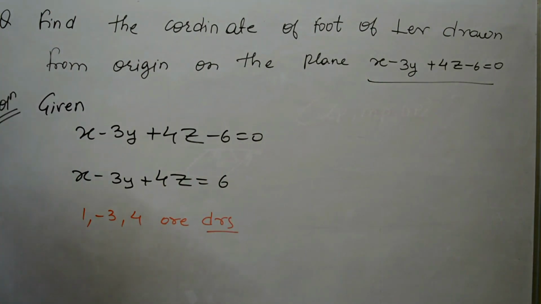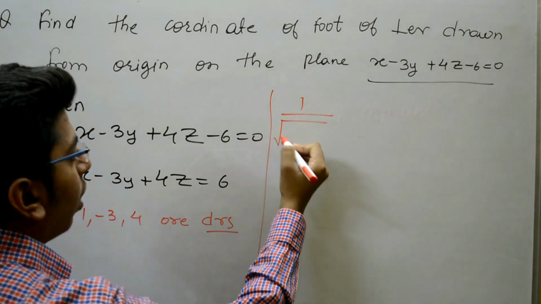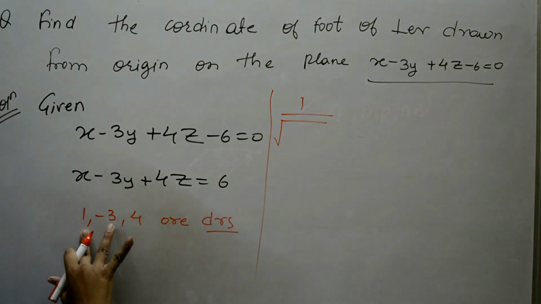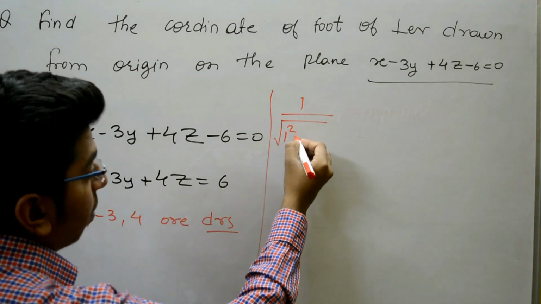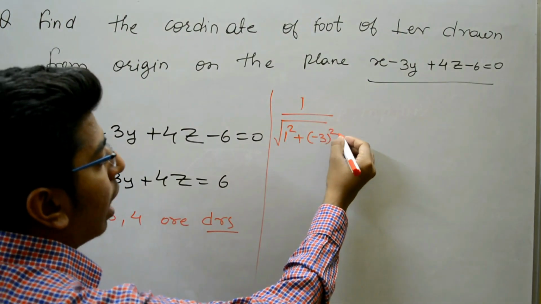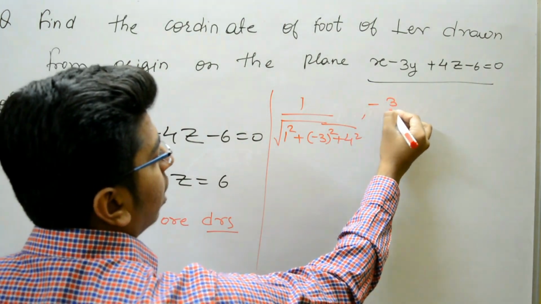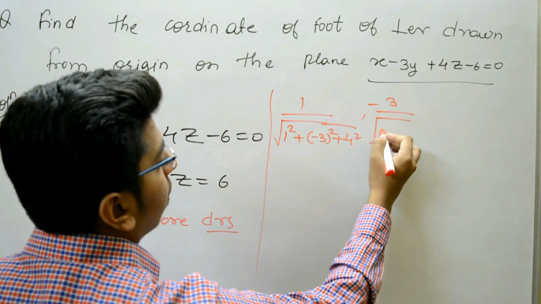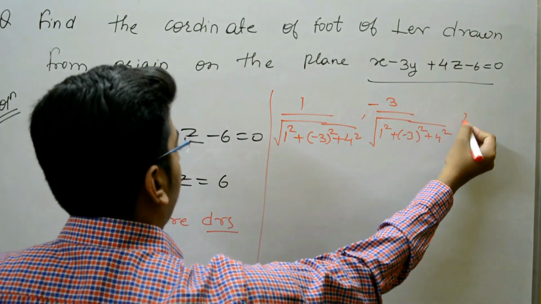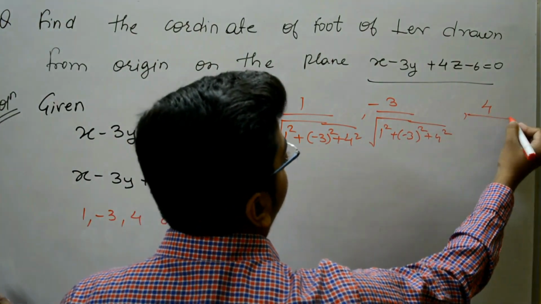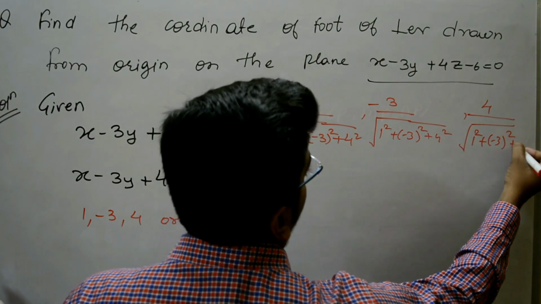To find the direction cosines: 1 upon under root of 1 square plus minus 3 square plus 4 square, comma minus 3 upon under root of the same 1 square plus minus 3 square plus 4 square, and 4 upon under root of 1 square plus minus 3 square plus 4 square.